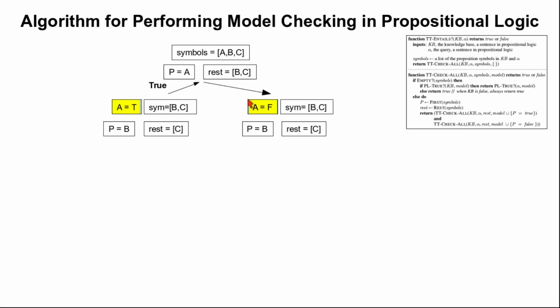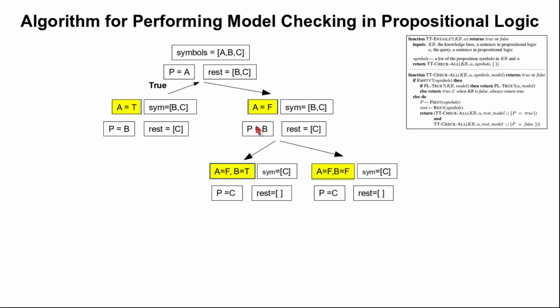So this part of the tree has been evaluated, but we are still left with proceeding in this direction. As we proceed in this direction, our partial model was A equal to false and P was equal to B. So if we make a recursive call, B will be added to the model, and our models will become A equal to false, B equal to true, and A equal to false, B equal to false.